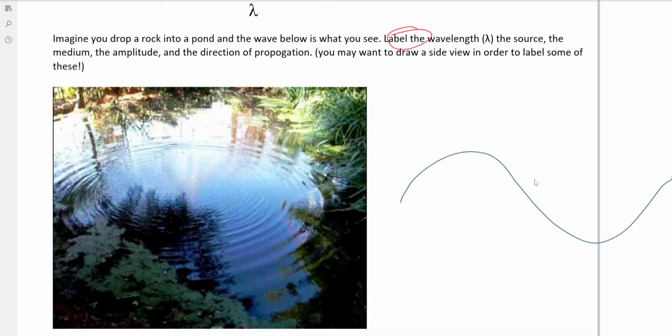So if we look here at this water wave, and you were to draw this out, it would be looking like this. Okay, one wavelength is from here to here. So I'll call that a wavelength, lambda. The source is the rock that's in the middle.